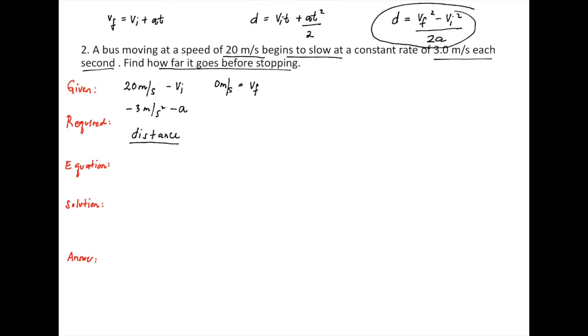So we now write d is equal to vf square minus vi square all over 2a.